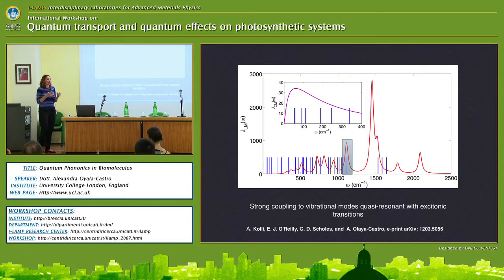It means that around the energies of that mode, the coupling of your electronic system is larger. But you also see that the system that I'm considering has 7 pigments. So you can do the count and imagine how many excitonic transitions you are going to have. It's many excitonic transitions. Only a few of them are within the scale of the coupling that I have for this continuous mode. This continuous distribution, in the case of these biomolecules, can come from the solvent in which the molecules are immersed, but also from bulk modes of the protein to which these chromophores are attached.